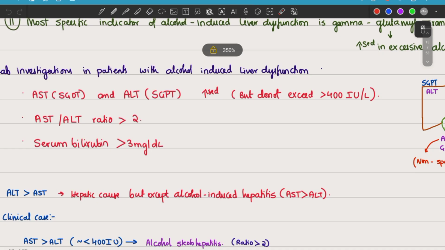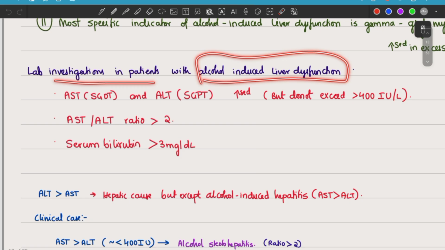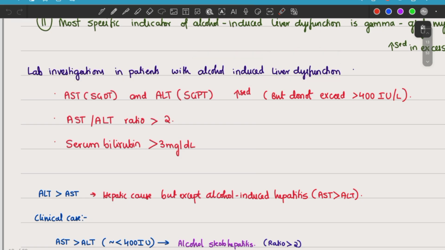First, let's see the lab investigations in a patient with alcohol-induced liver dysfunction. You can get AST and ALT done, and the increase will be there, but it will not exceed 400 international units. The normal you can take up to 35 to 40 international units.